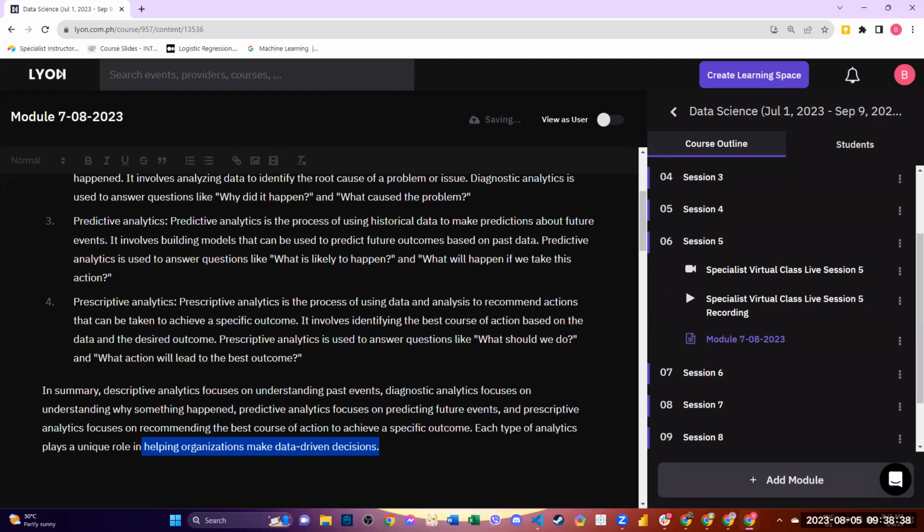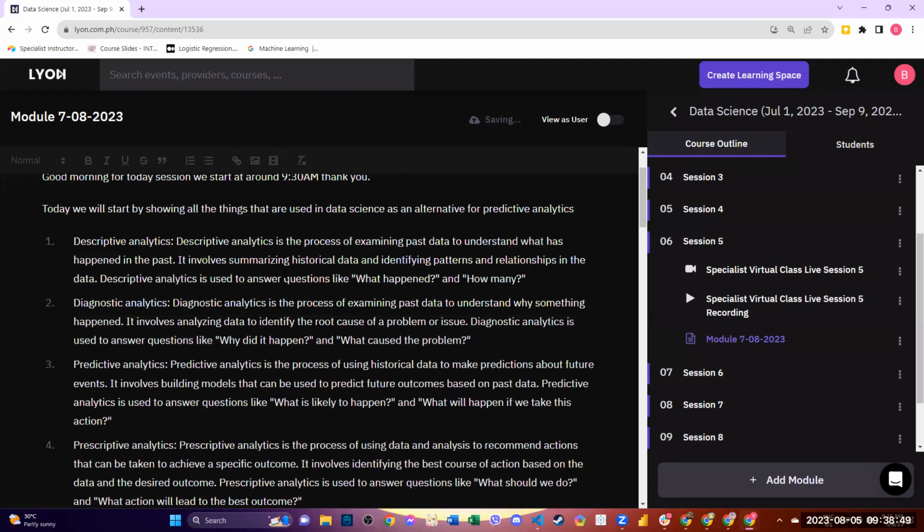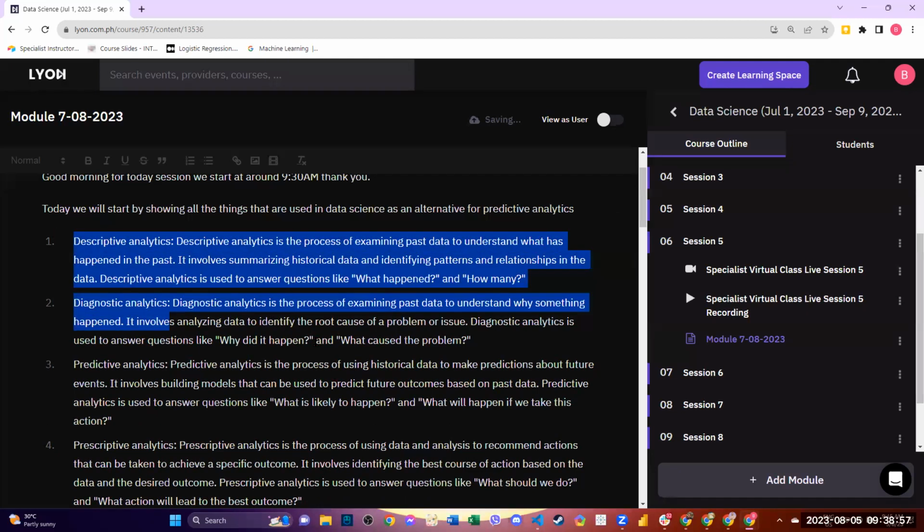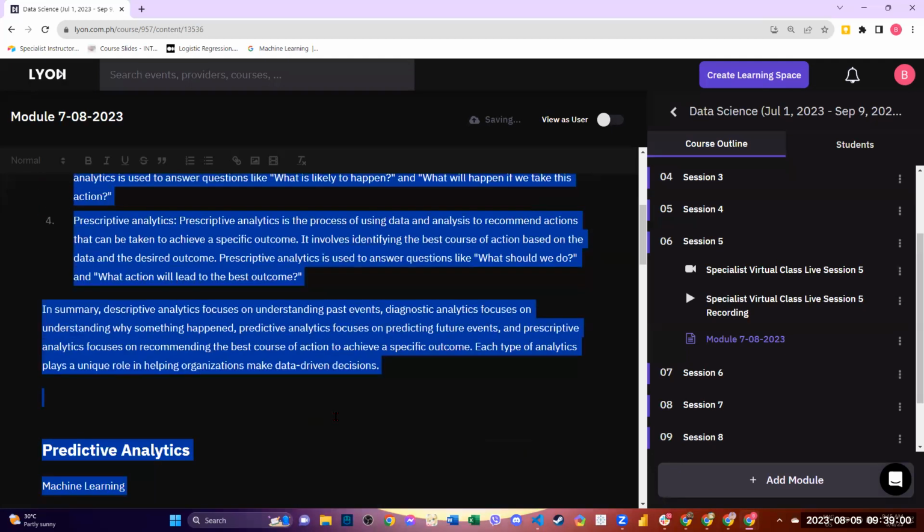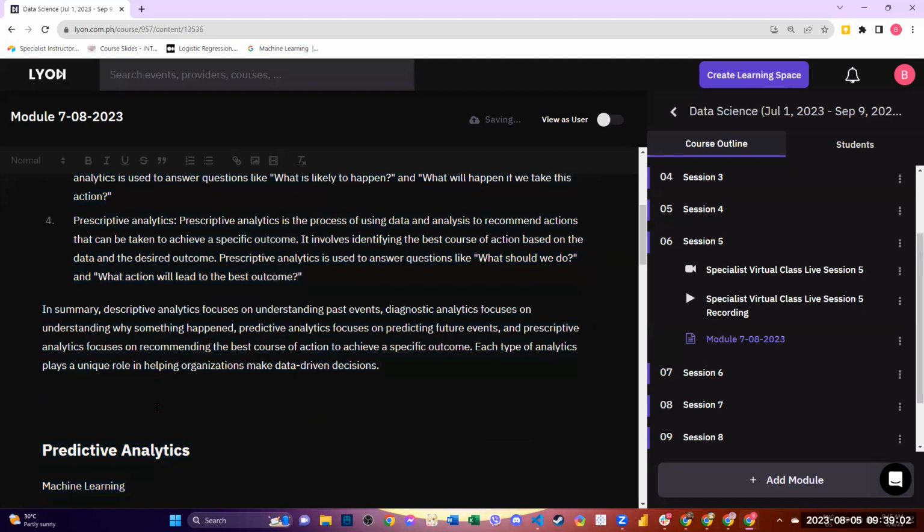If you're going to create your resume, you can say that from your previous experience using these four types of analytics, you have helped your previous organization make data-driven decisions.